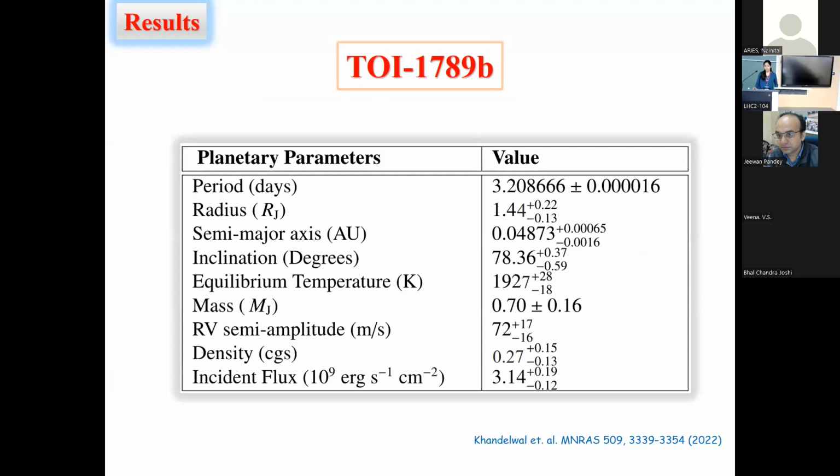And TOI-1789b has an orbital period of 3.21 days with a radius of 1.44 and mass of 0.70, which shows that its radius is inflated compared to its mass, and it has a density of 0.27 gram per centimeter cube, which shows that it is a fairly inflated radius. And it has a semi-major axis of 0.04, which shows that it is very close to its star.